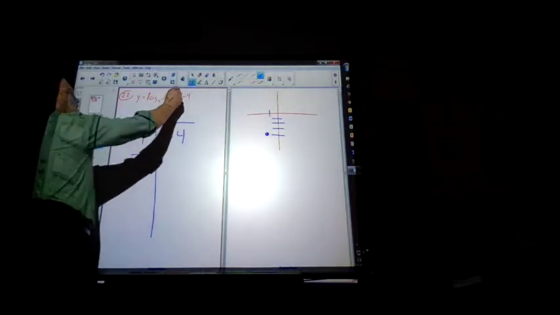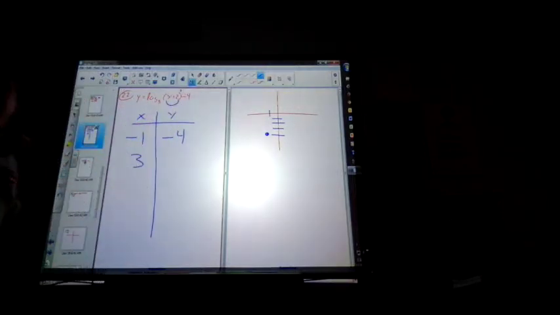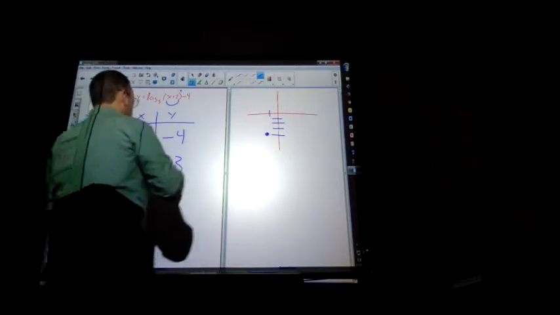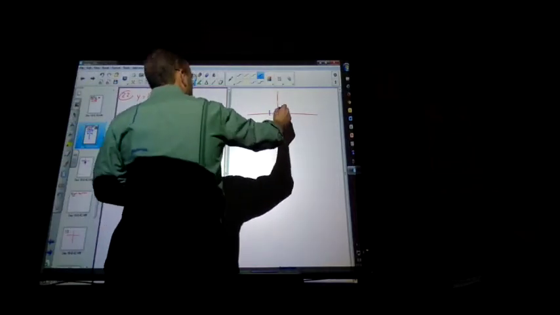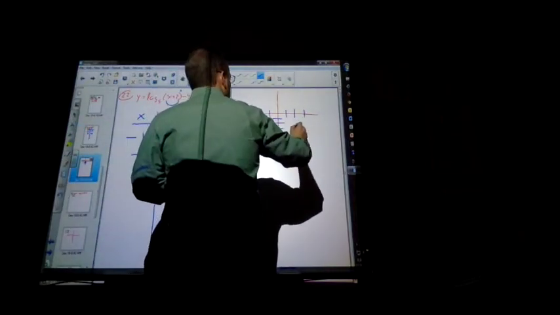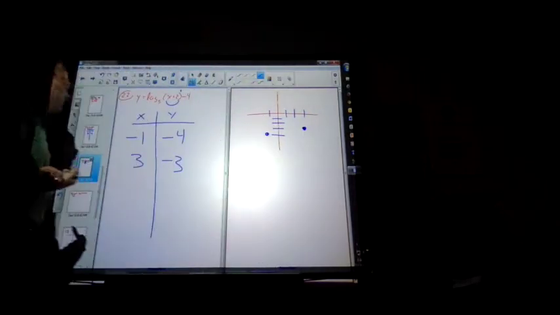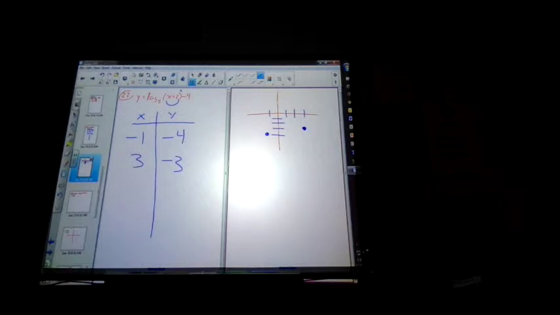So realize that this is raised to an exponent of 1 right now. So log base 5 of 5 raised to the first is 1. 1 minus 4 is? -3. So (3, -3). Okay?